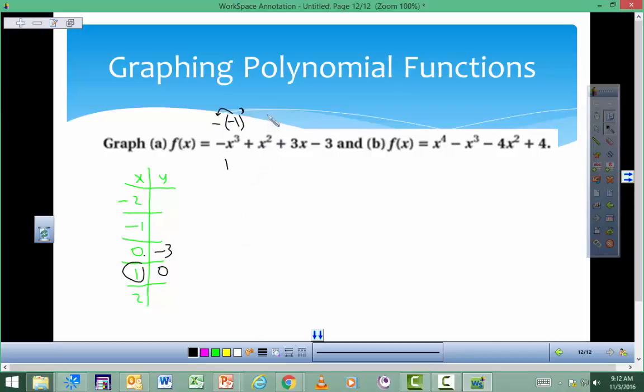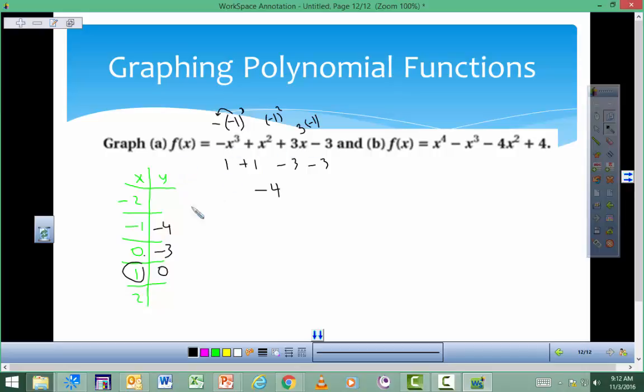And here, if I square negative 1, a negative times a negative is a positive 1, so I get a plus 1. If I put in a negative 1 here, I get 3 times a negative 1, which gives me a negative 3. And then I have another negative 3. So negative 3 and negative 3 is negative 6, plus 2, that's negative 4. So that one was pretty easy to plug in directly.